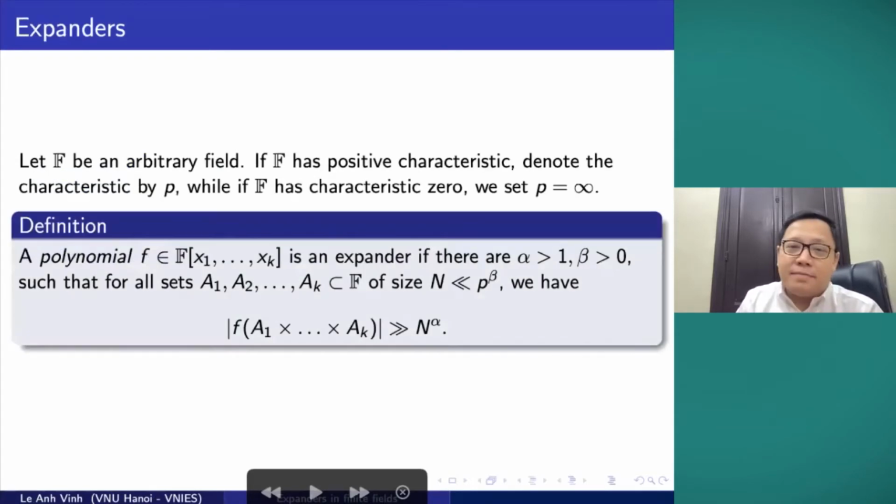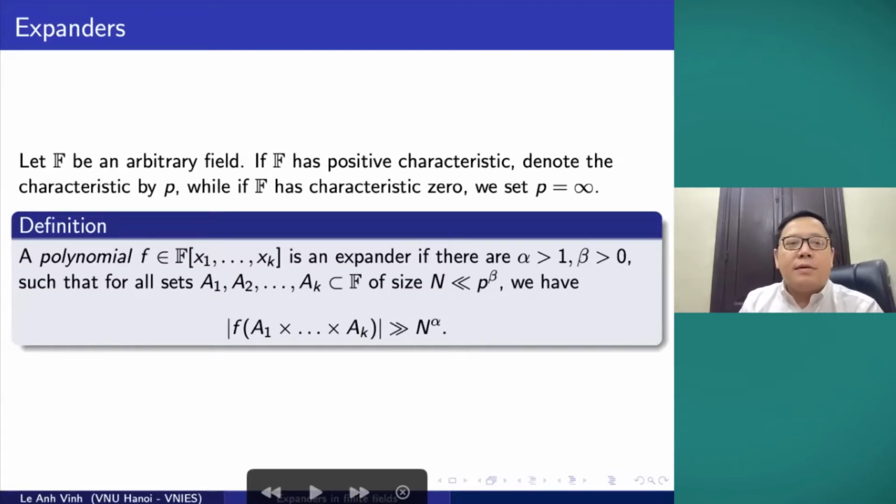So the expander is a function, and we can imagine it simply like this: when you apply it to a set, you want to increase the size of the set. If you can increase the size of the set by a function, then it is called an expander. In the presentation, we focus on expanding polynomials.